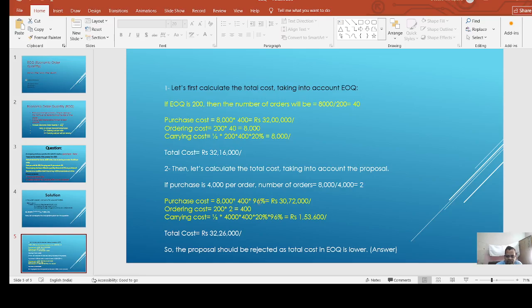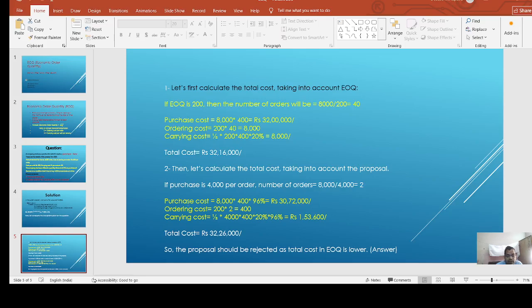You can also do that calculation: 4% of 400 is 16, so 400 minus 16 is 384, or you can do 400 multiplied into 96%. So it comes to 32,72,000, the purchase cost.